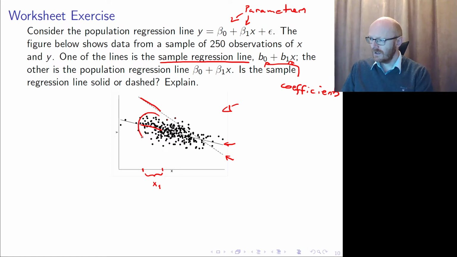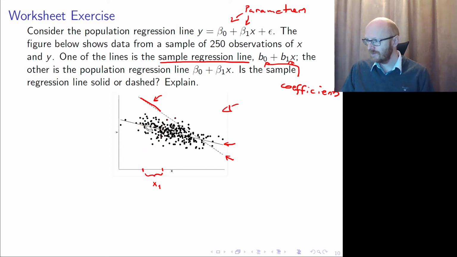Is my line representing the data? You can see that the dotted line is really overshooting the data, whereas the solid line is in the middle of the data.